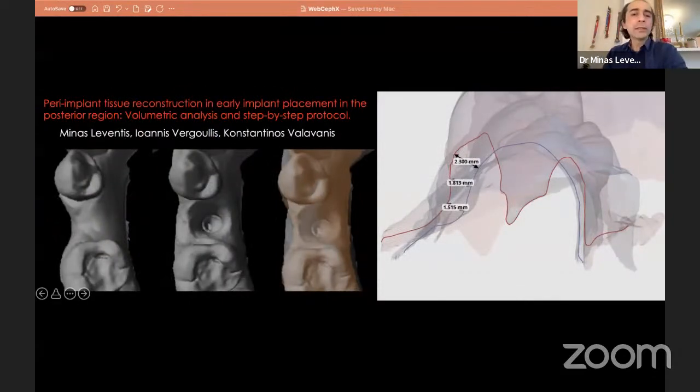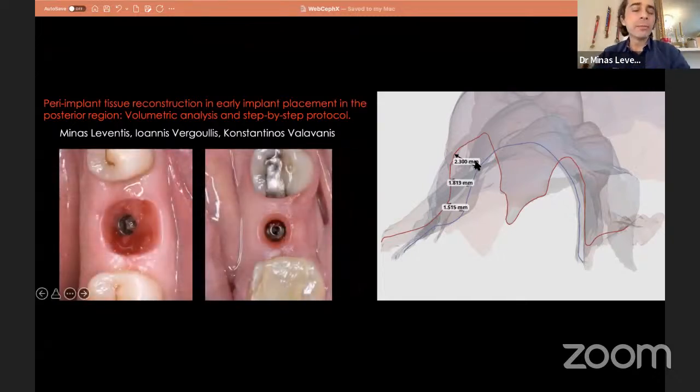We do now more studies, we do volumetric changes and measurements to see what we get with the soft tissue reconstruction and horizontal expansion of the soft tissue using anatomical abutments, because there are very big benefits with those cervical anatomical abutments. This is what we get when we use a stock healing abutment here.